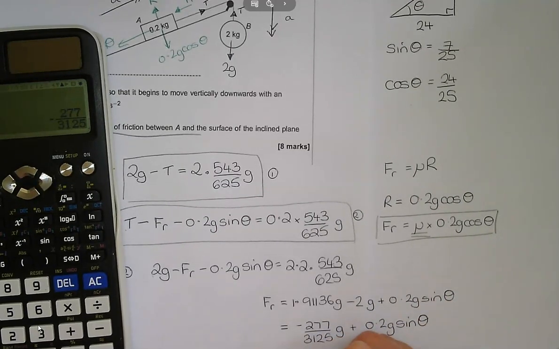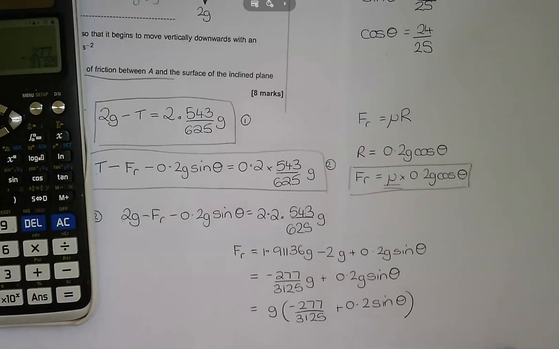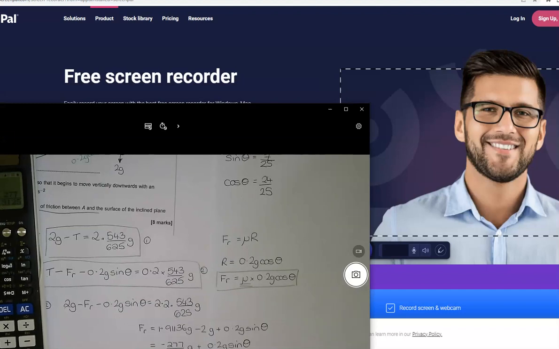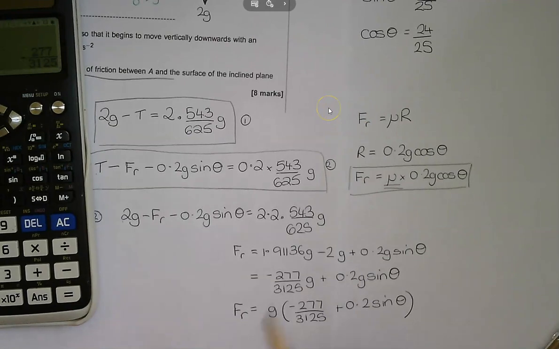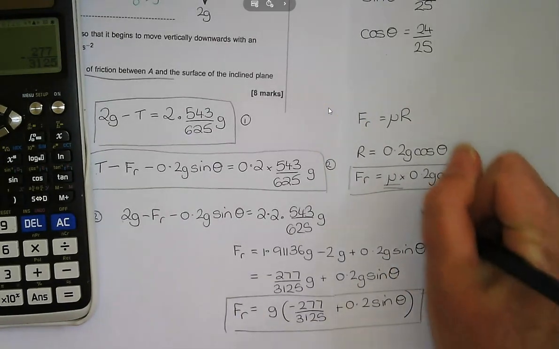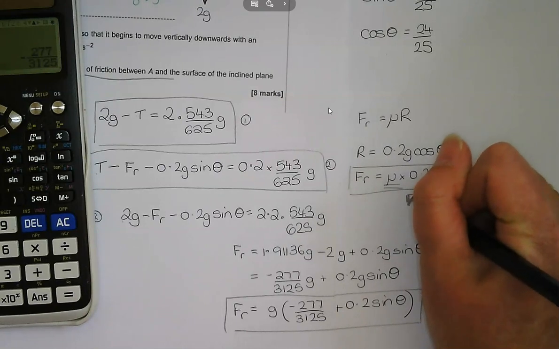Okay, equals g times minus. I'm just factorising g here because I think when I go over the other side I'm going to cancel some g's out. So now I've got a new equation. That's what my friction is equal to. So now I'm going to pop that into here because I've not used this equation yet.